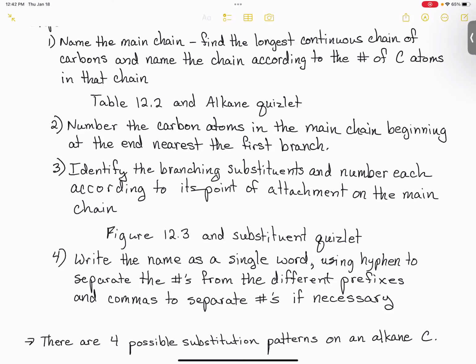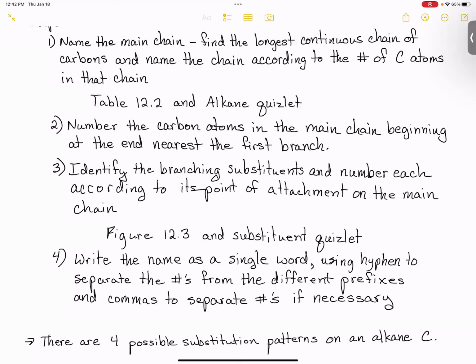Again, we're going to spend some time in class doing this because it is a foundational piece to several things that we have discussed. Number one, being able to name an alkane helps us to determine if we're talking about conformers or if we're talking about completely different structures.